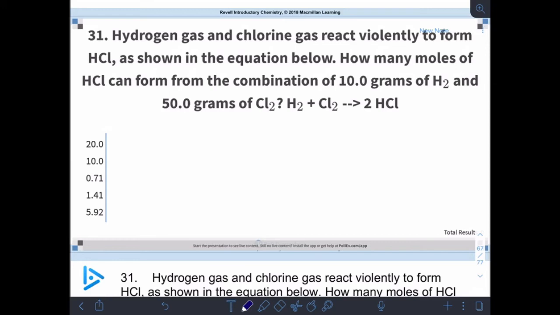How many moles of hydrochloric acid can form from the combination of 10 grams of H2 and 50 grams of Cl2? Right, here's your clue. What kind of problem you have. 10 grams of H2, 50 grams of Cl2. Right, you're given the amounts of both reactants. That means that you need to do a limiting reactant problem.